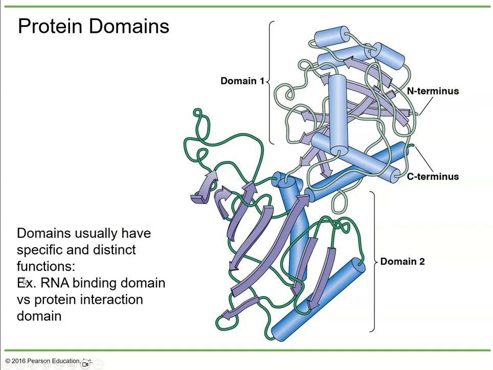So just again, to reiterate that point, a domain is a discrete, locally folded unit of tertiary structure. It has a specific function, usually between 50 and 350 amino acids, and they're packed together and share this secondary, tertiary structural region, and again, usually having multiple different functions.